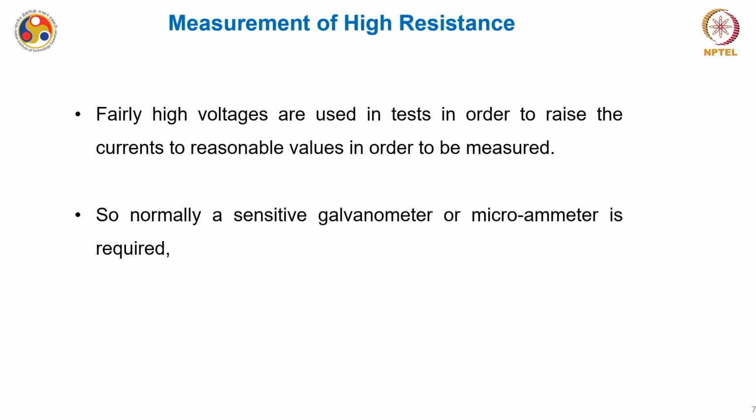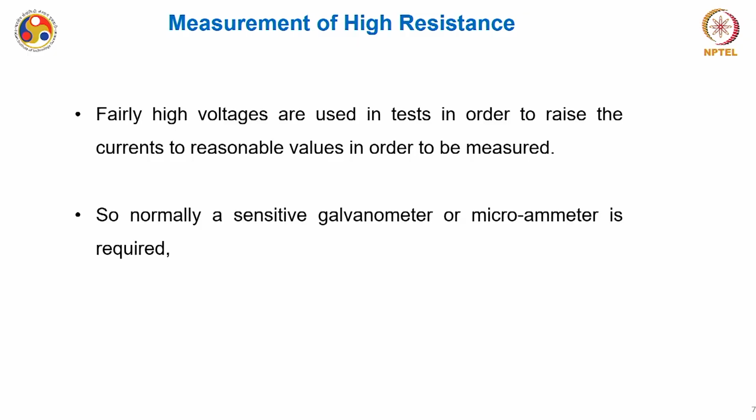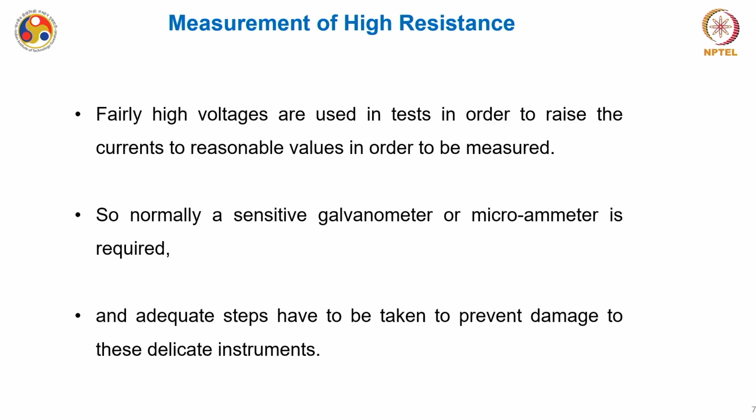So, when applying such high voltages, or when you have such small current flowing, you should normally have a sensitive galvanometer or microammeter for this kind of measurement. You also have to take adequate steps to prevent damage to this delicate instrument, because when a large current flows, it may get damaged immediately.